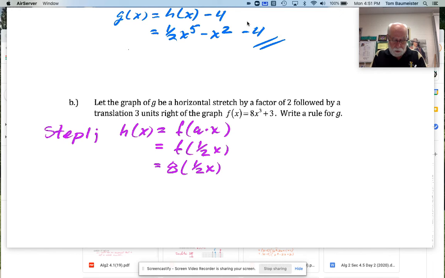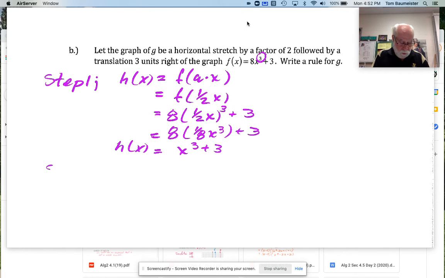And up here it was cubed, so we're still going to cube it, and then we're going to have plus 3. Well, 1/2 times 1/2 times 1/2 is 1/8. So I'll have 8 times 1/8 x cubed plus 3. 8 times 1/8 just becomes 1. So our answer for h of x is now x cubed plus 3.